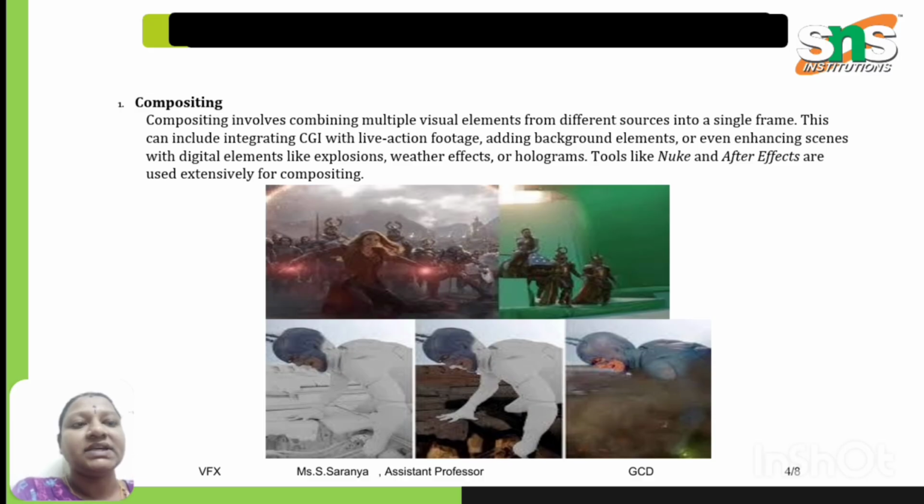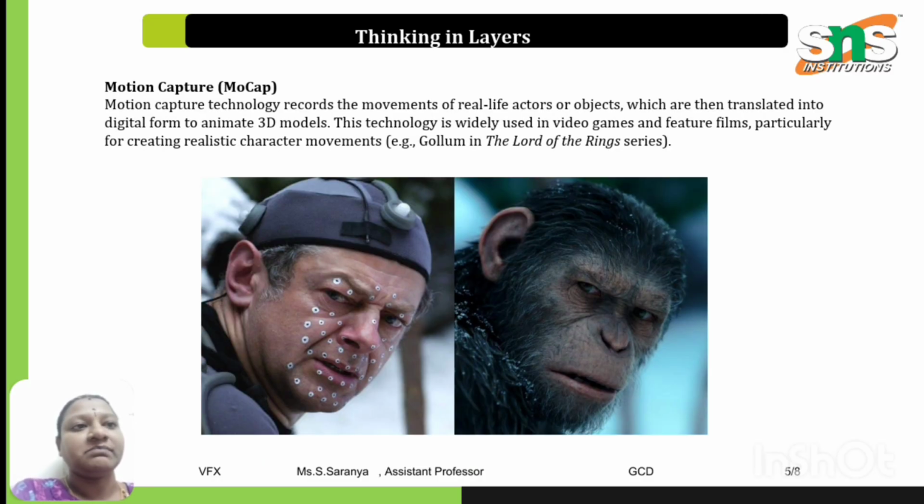Tools we are using for compositing are Nuke and After Effects. Compositing works layer by layer, so multiple layers and multiple elements are combined together in a single frame.